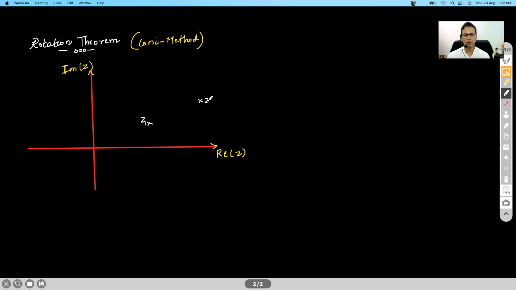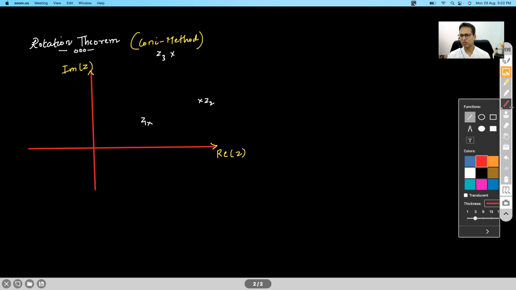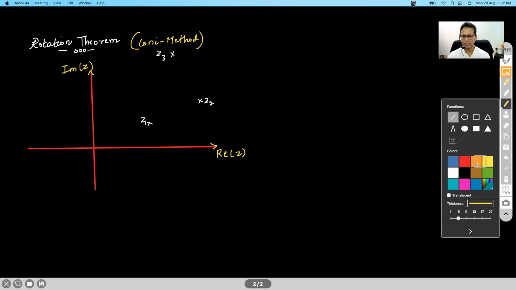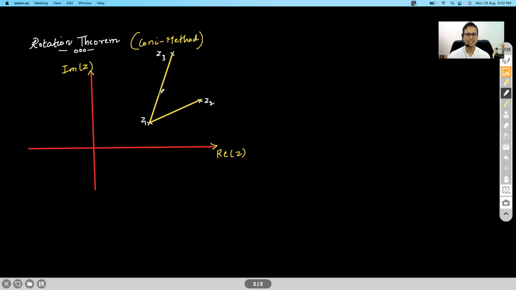Let's choose a Z2 complex number here, and let's say another complex number here, Z3. And these complex numbers are so positioned that this angle here is theta.